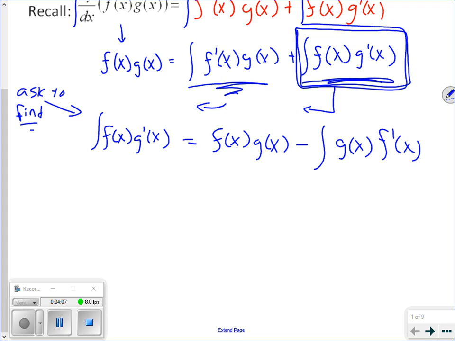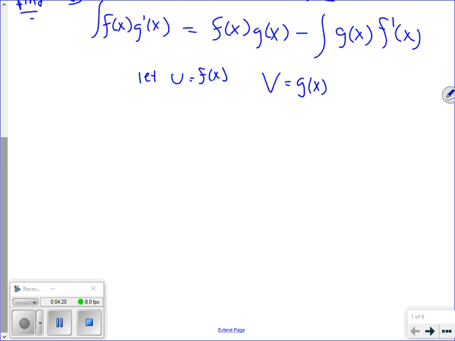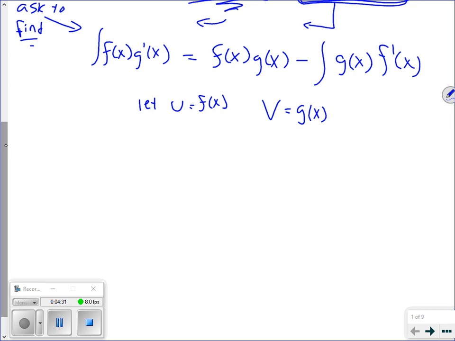To build up to this formula, I'm going to use the notation that the formula uses. Instead of f and g, let u be f of x, not from u-substitution, but just a different quantity, and let v be g of x. In this next line, all I'm going to do is substitute all of my f's with u's and all of my g's with v's.